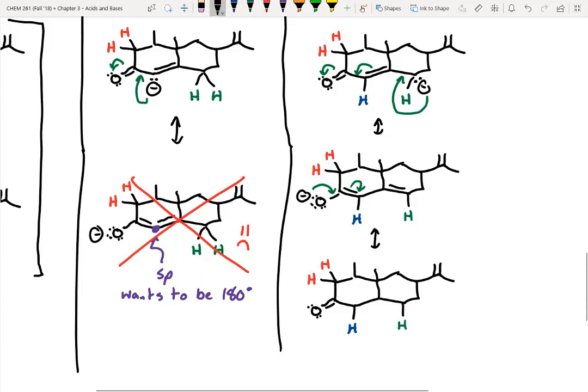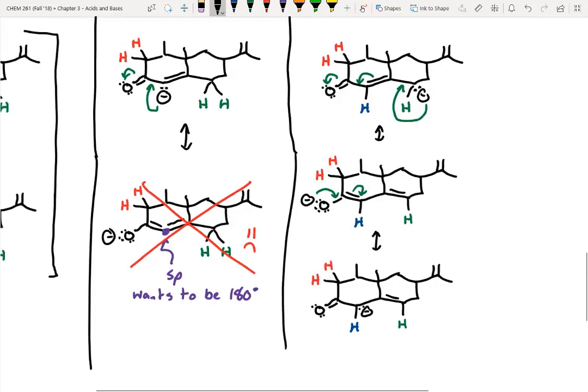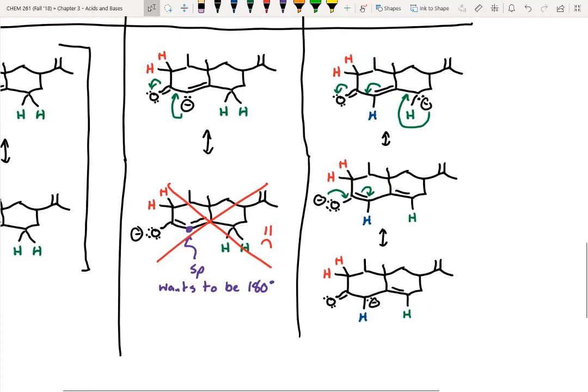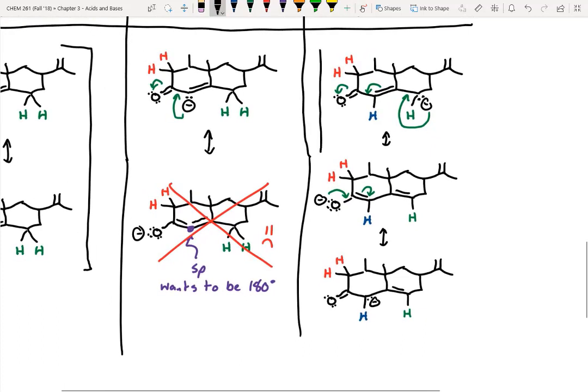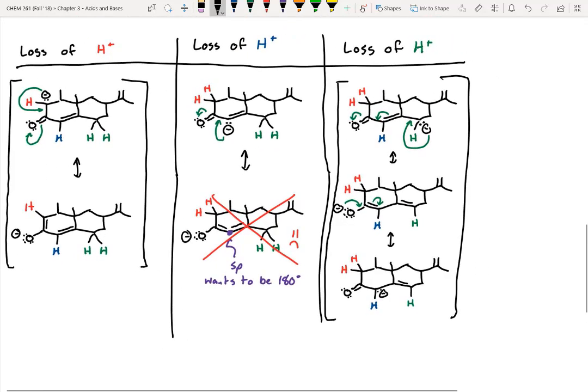Okay, if we do that, this pi bond's still in its same spot, and we have a negative charge right there. All right. So now we've got, I think, all possible conjugate bases with all possible resonance structures drawn.